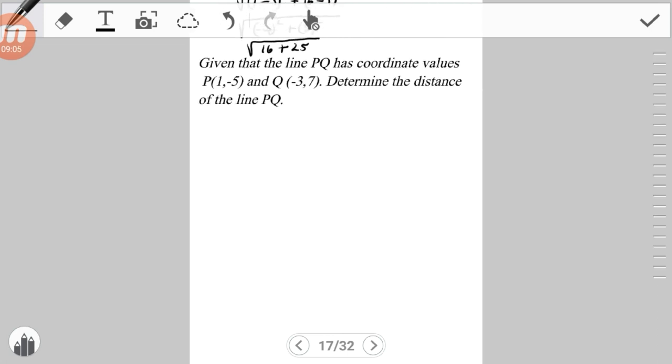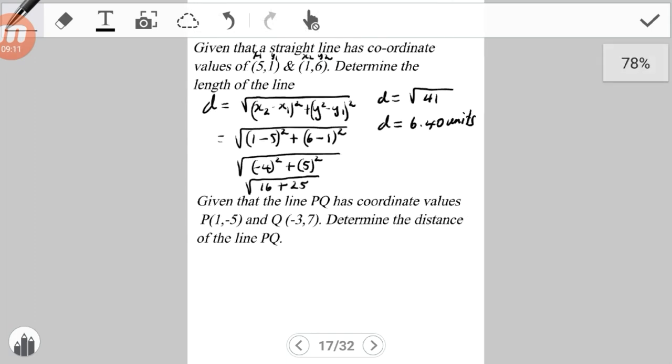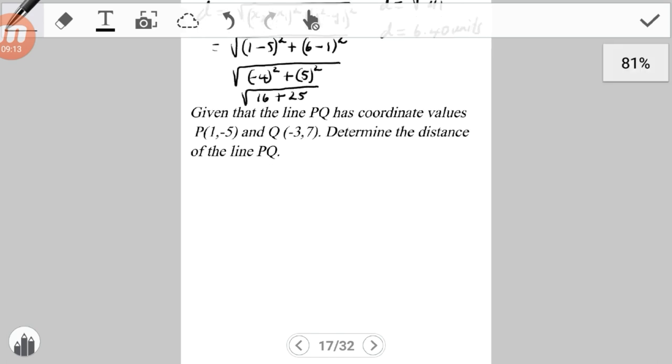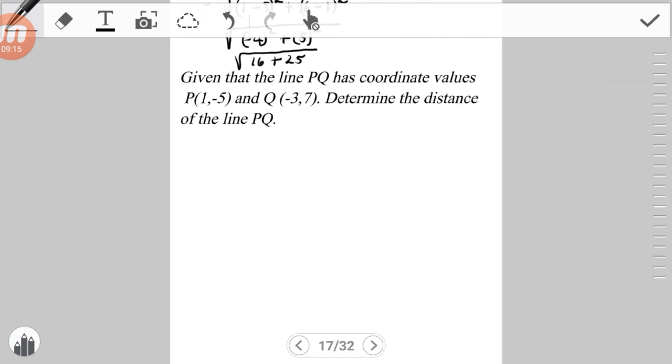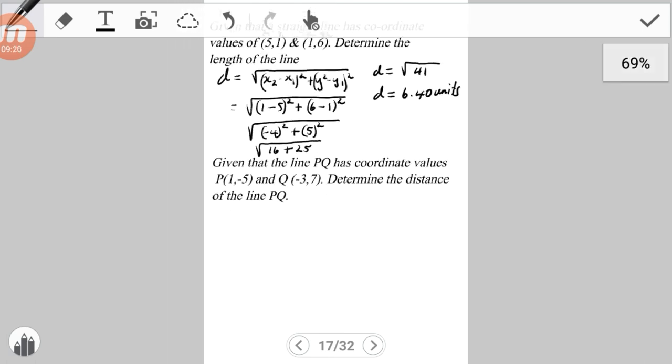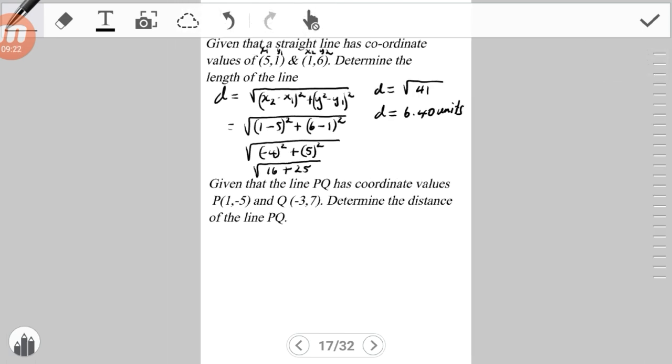Given that the line PQ has coordinate values (1, -5) and (-3, 7), we have to determine the distance of the line. So sometimes we'll refer to it as the distance of the line, sometimes as the length of the line.